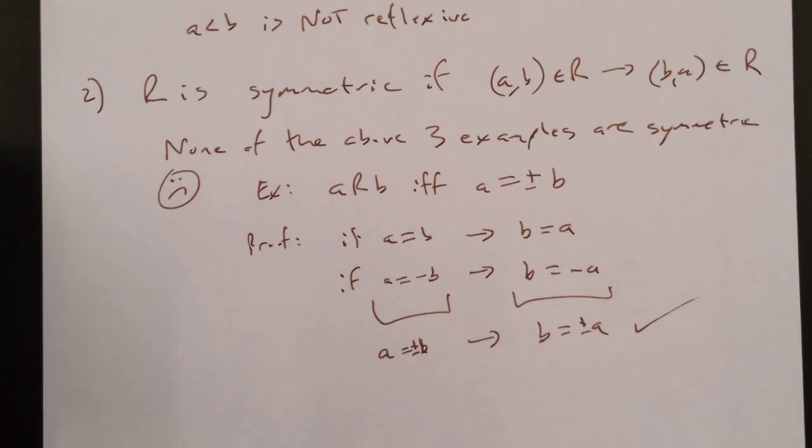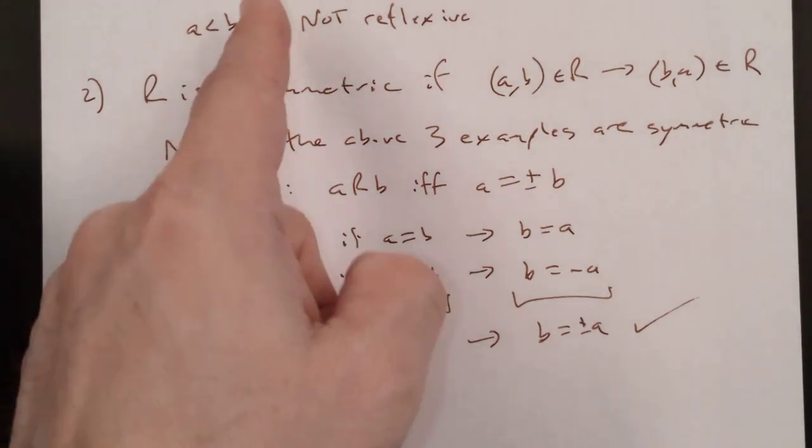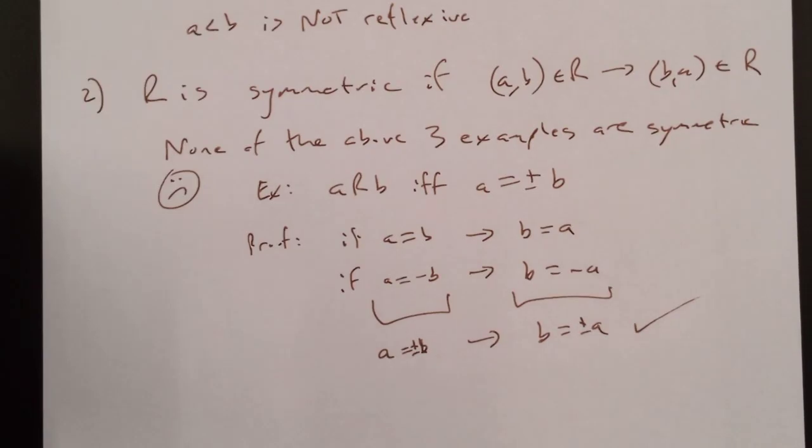Symmetry of a relation is a useful idea. But as we've seen, some of the nice relations that are reflexive turn out not to be symmetric.